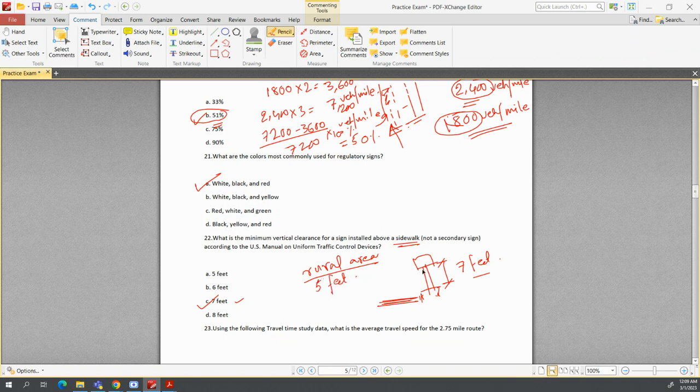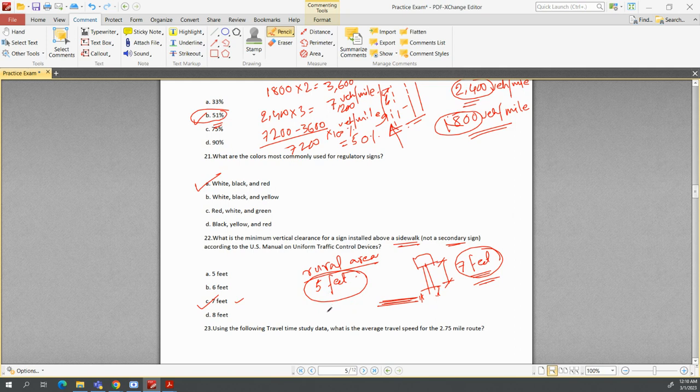Okay? And if you put a secondary sign below it, that will be 1 foot less. If it is 7 feet, then 1 foot less than this. If it is 5 feet, then 1 foot less than 5 feet. So what will the vertical clearance be when you put a secondary sign?